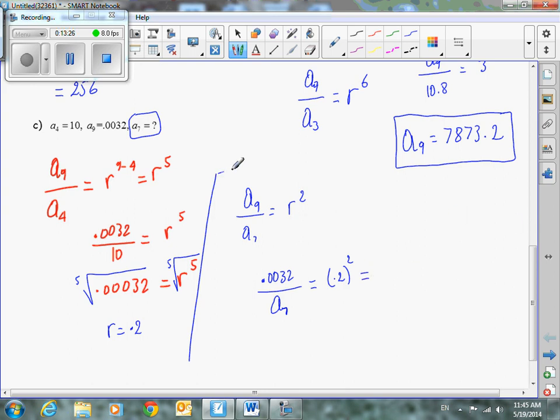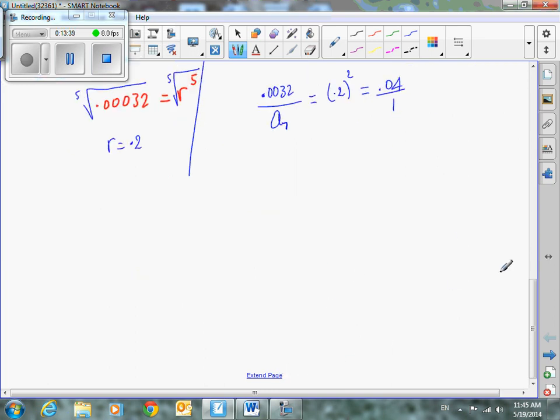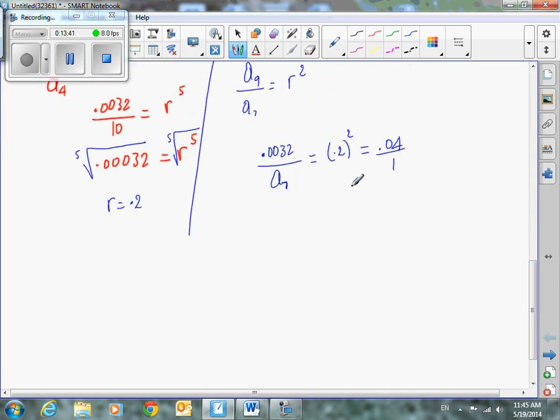What is it? 0.04? Yeah. Good. Now, you understand that this is over 1, right? Why don't we cross multiply to make it easier on us? If I cross multiply, I get 1 times 0.0032 is equal to 0.04 times A7.